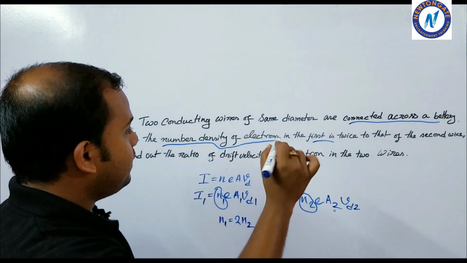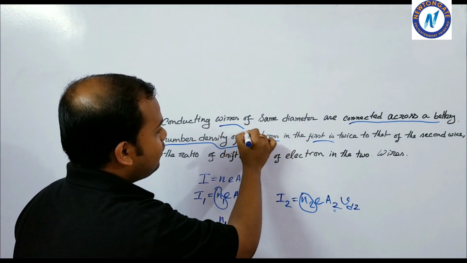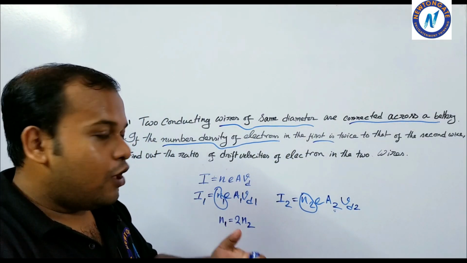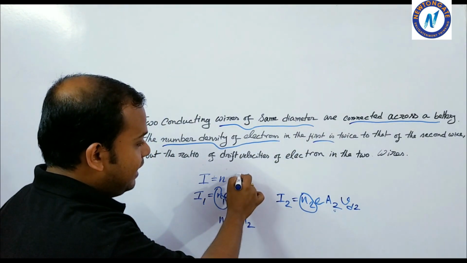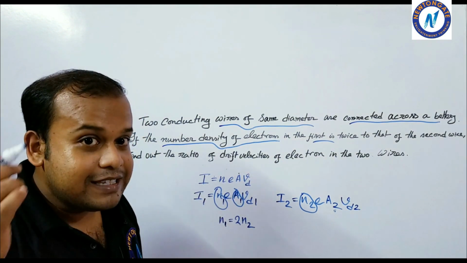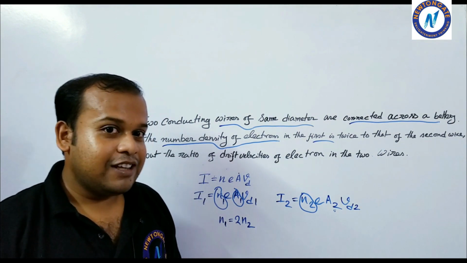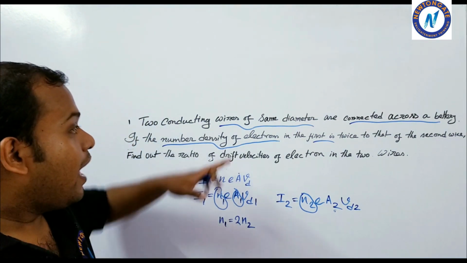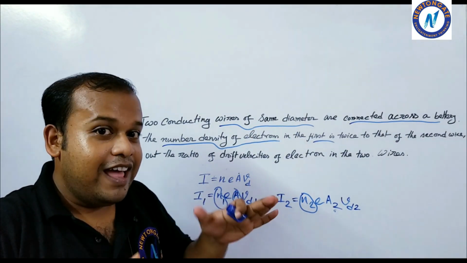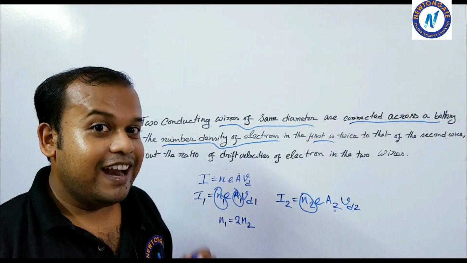And also the question stated that the wires have the same diameter, and the area of the wire is dependent on the radius of the wire itself, right?